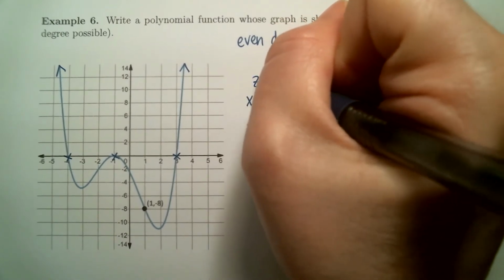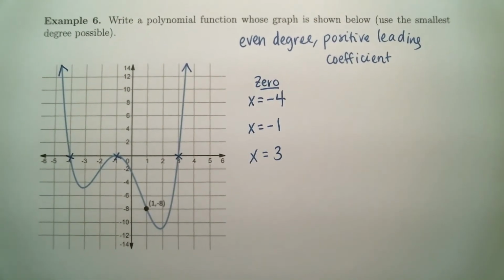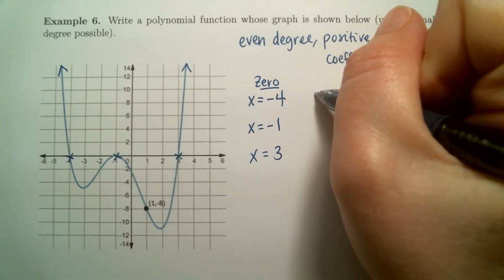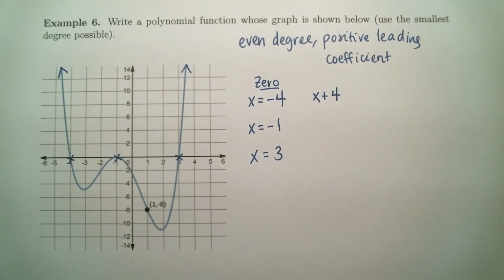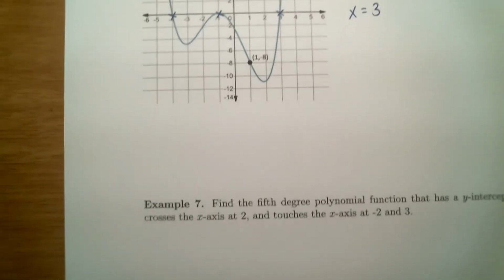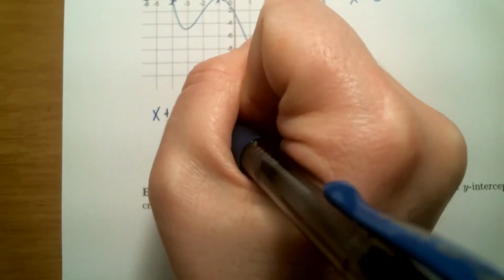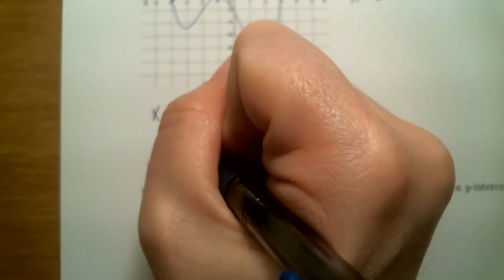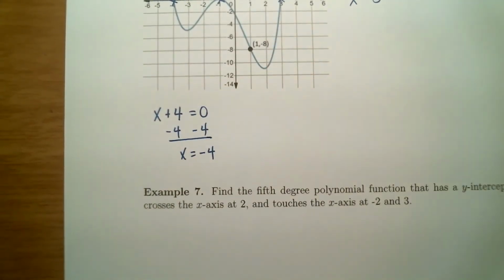So let's start with x equals -4. If x equals -4 is a 0, then what is the factor? Well, the factor has to be x plus 4. Why? Let me go out to the side. If x plus 4 is the factor, I have to set that equal to 0 and solve to get the x-intercept. So if I solve this for x, I'm going to get -4, which is the 0.